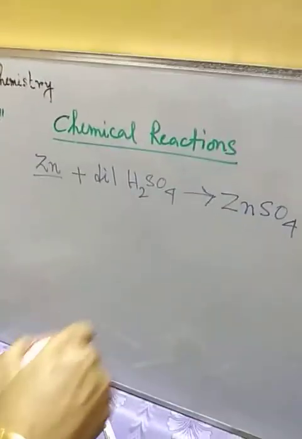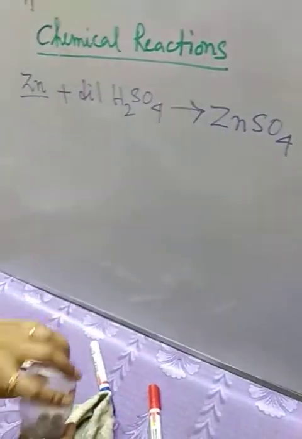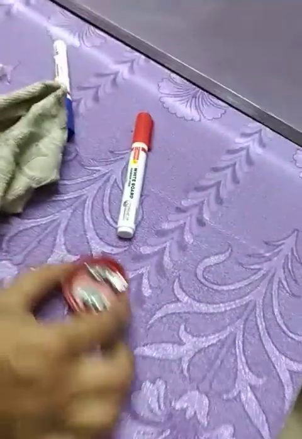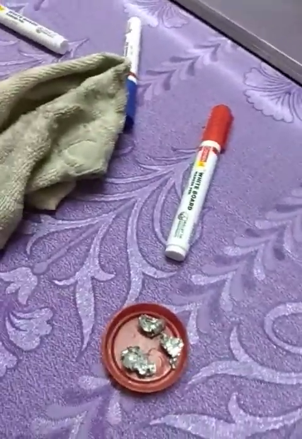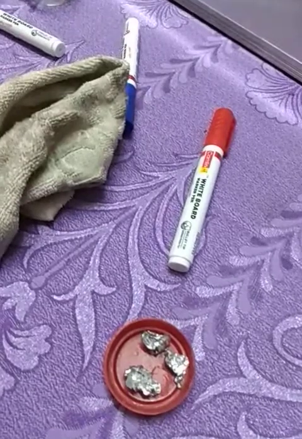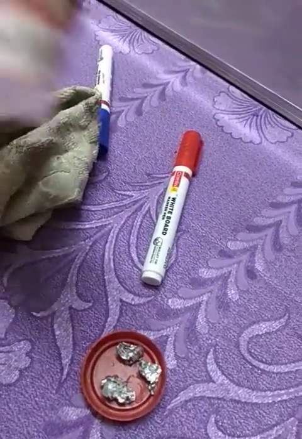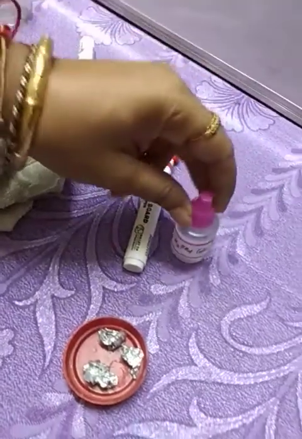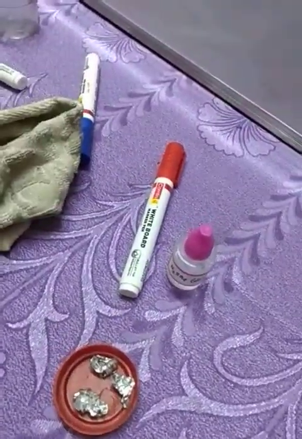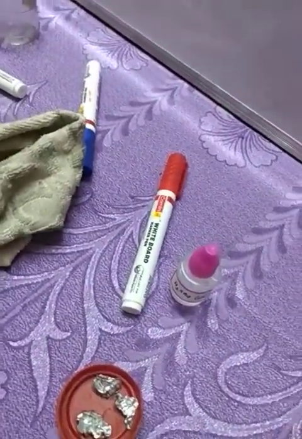For this reaction we need these substances. This is granulated zinc. See, this is granulated zinc, and we need dilute sulfuric acid, and we need a test tube.